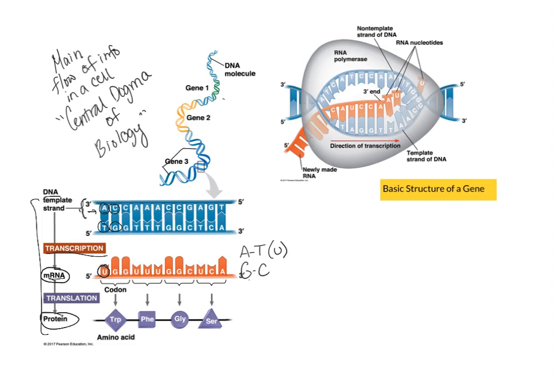In fact, the top strand was used as the template for this mRNA, right? We see A is pairing with U, and C is pairing with G, and C is pairing with G, and so on and so forth. So that is just a quick refresher on how bases pair together in DNA and in RNA.